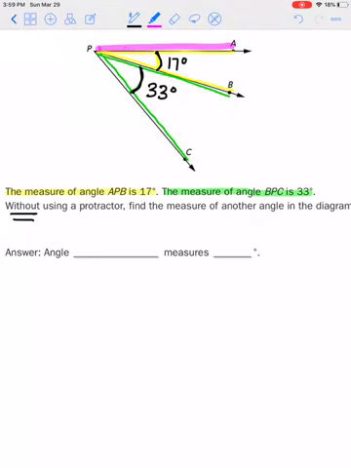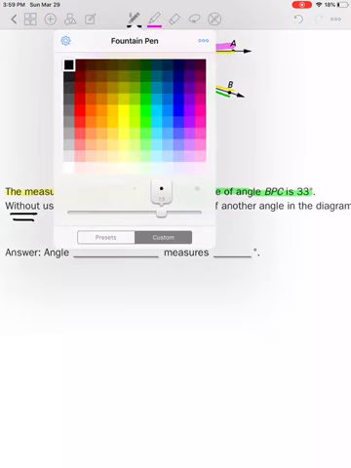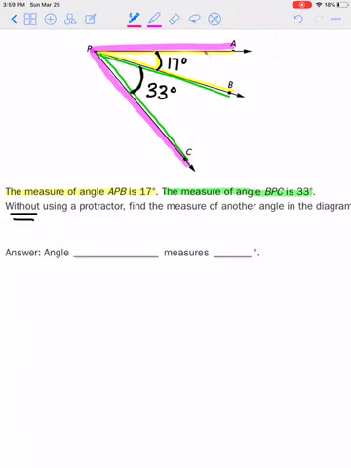A, P, C, the big angle on the outside. So the angle that goes from here to here. So we don't know what this value is. We don't know from APC what this bigger angle is.